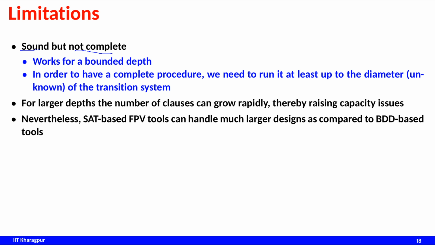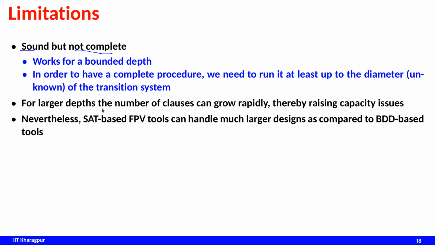But if we increase the path length, then it may be satisfiable. Therefore we need to unfold it up to the diameter, which is actually unknown for the transition relation, because we determine the transition relation in a symbolic form.